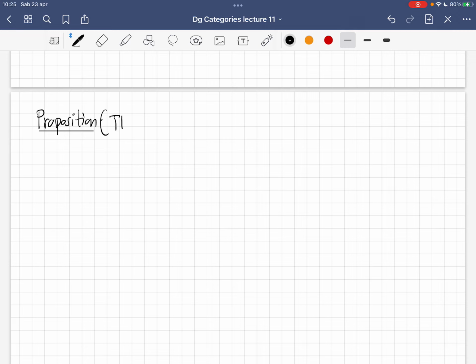In any case, the second property, which I call TR2, is as follows. So let me write a little there. Let A, give some names, C, P, be a distinguished triangle.